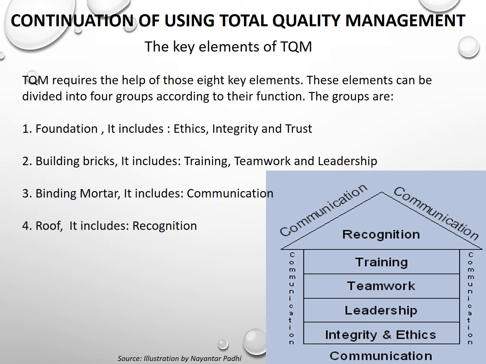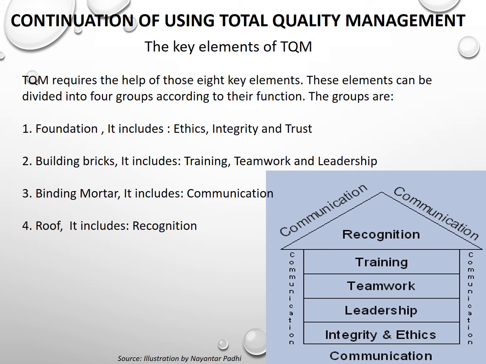Communication must flow from the sender to the receiver, and then the receiver must also send feedback. There must be free flow of communication. Where there is free flow of communication, there is quality of products and services that will be rendered to the customers. And this helps the customers to depend on the products of a particular company.